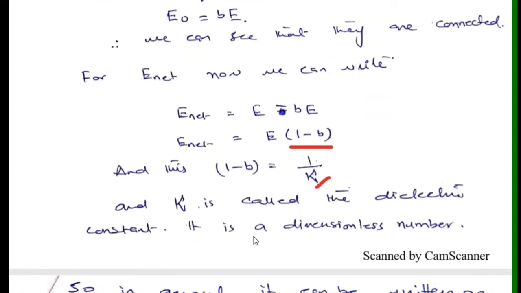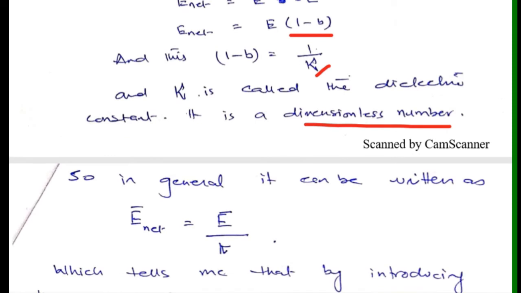Dielectric constant is a dimensionless number, and it plays a very major role in the selection of dielectric within the capacitor.